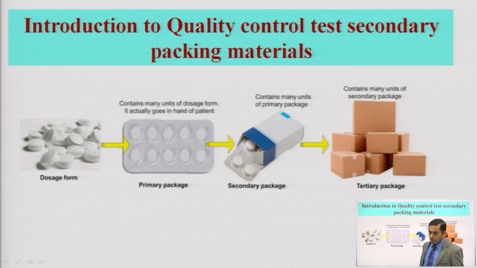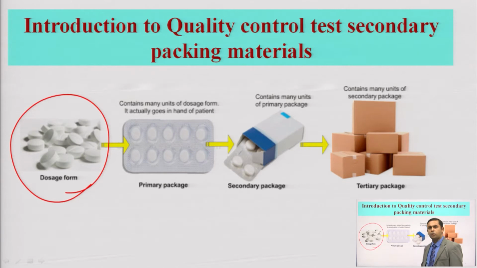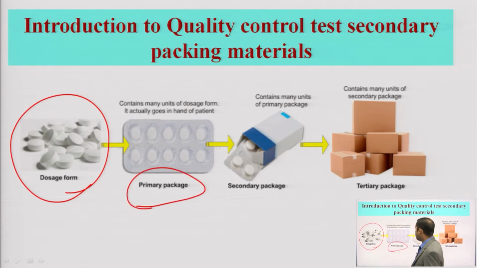Before going to our main agenda, let me remind you that in our previous lectures we have seen that if we produce a pharmaceutical product like a tablet or capsule, there is something called primary packing, the packing which is in direct contact with your formulation, tablet, capsule, whatever it is.